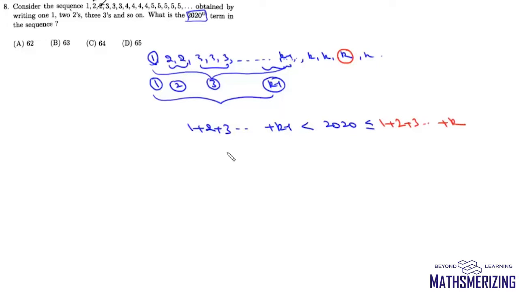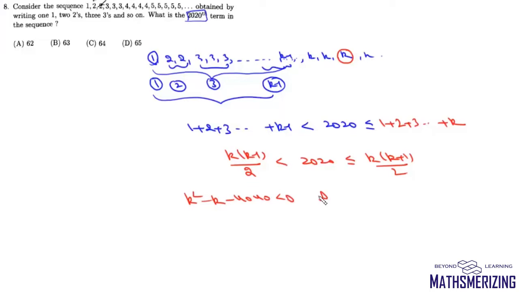So from here we can say k(k minus 1)/2 is less than 2020, which is less than or equal to k(k plus 1)/2. So from the first one we'll get the result k squared minus k minus 4040 should be less than 0, and k squared plus k minus 4040 should be greater than or equal to 0.